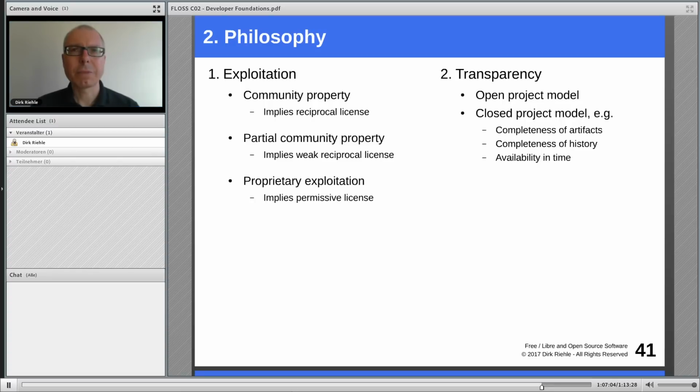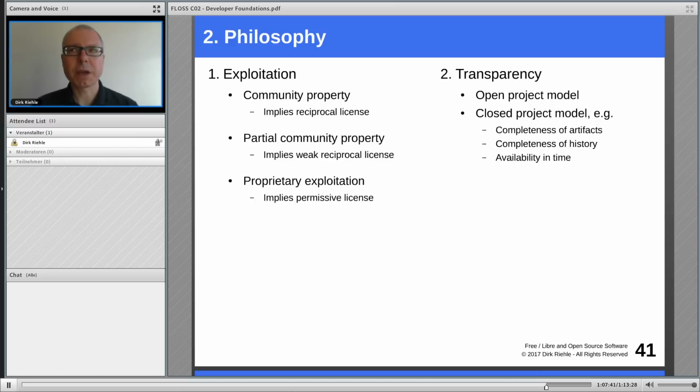Basically, if you have a strong sense of community, where you don't want too much flexibility in the business models built on it, you use a copyleft license. If you want companies to give back if they touch the community code, you choose a weak reciprocal license. And if you want to broadly allow for proprietary exploitation, you use a permissive license like MIT or BSD or Apache.